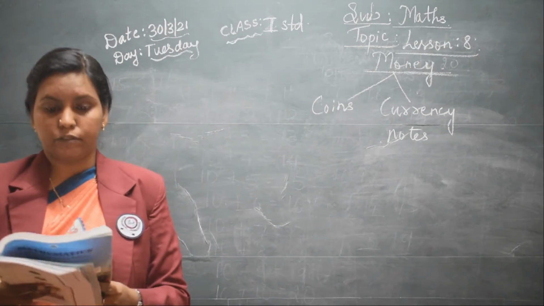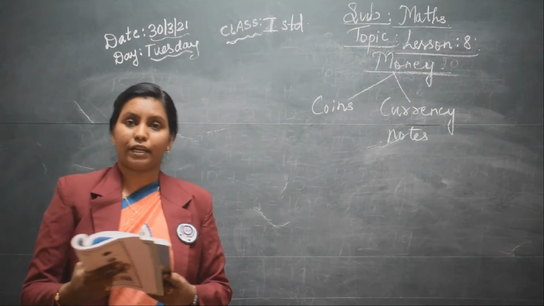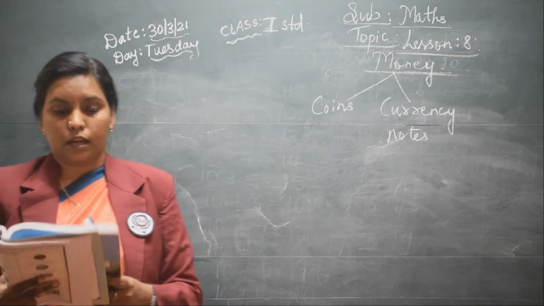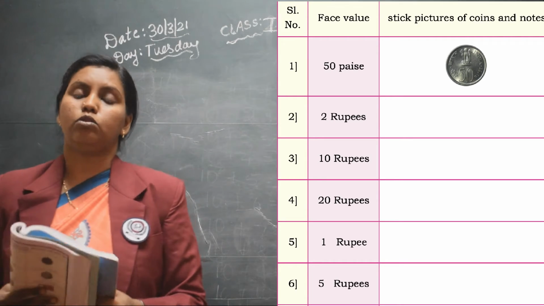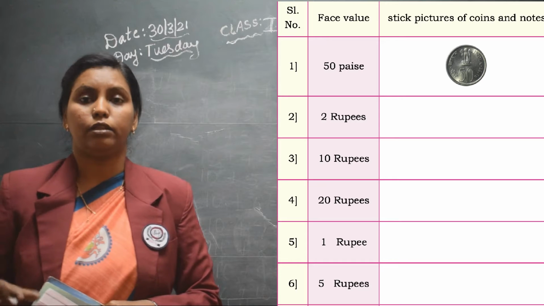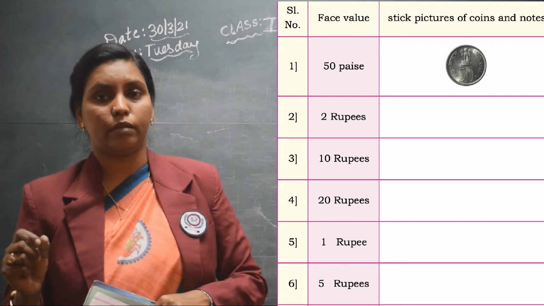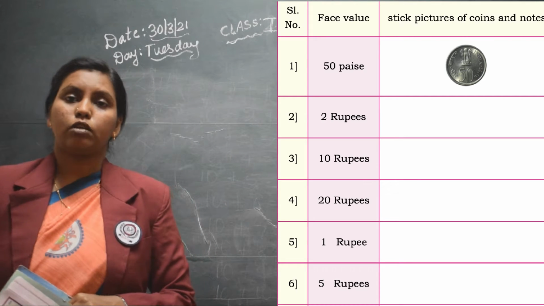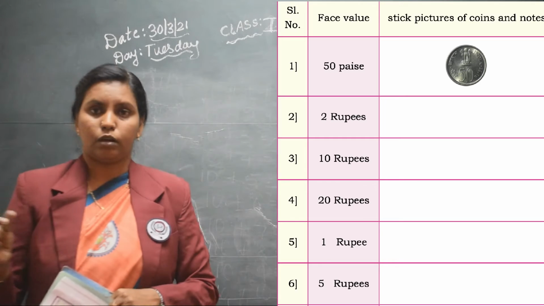So on page number 156, they have given you the different types of coins and the face value. On the currency itself, they will be giving you the value of that coin. The value of the coin will be given on the face of the coin itself, isn't it? You might have seen a coin.